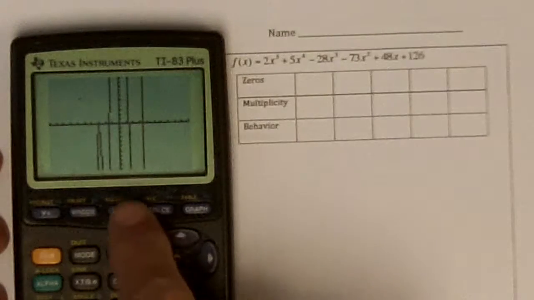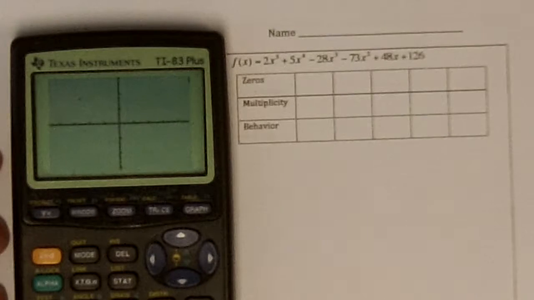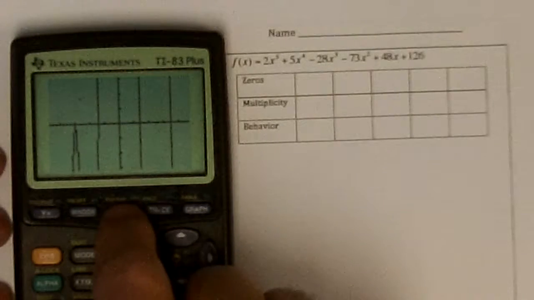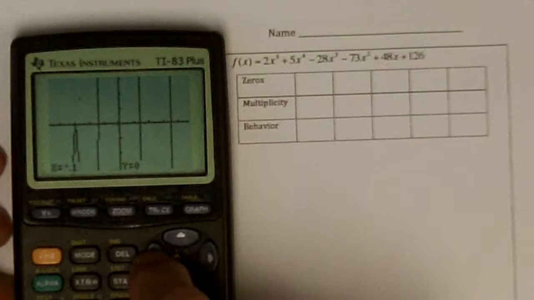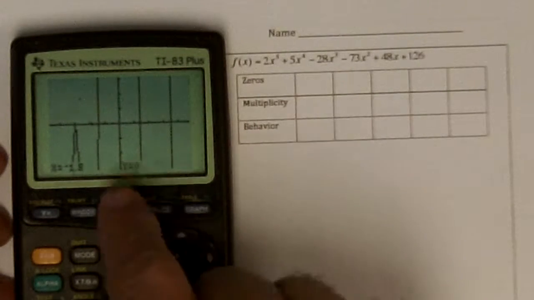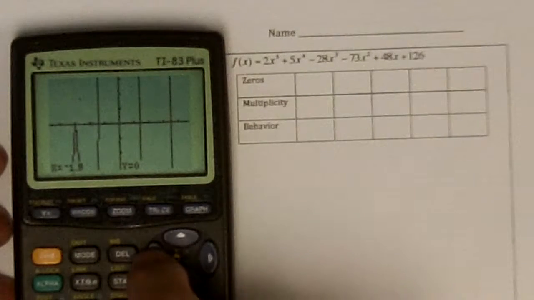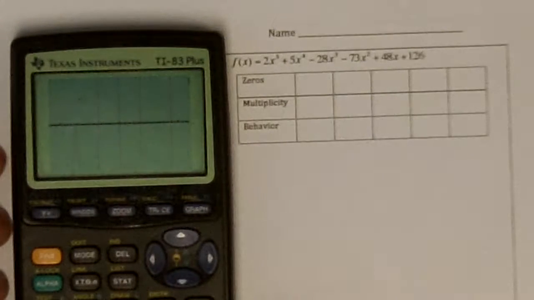Now to make sure, I'm going to go zoom 4. That looks a little closer at it. Still looks like it's at negative 3. And then I might even zoom in and move the cursor over to that negative 3. It's hard to see in that video, but I'm moving the cursor right onto negative 3 and pressing enter again for that zoom in.